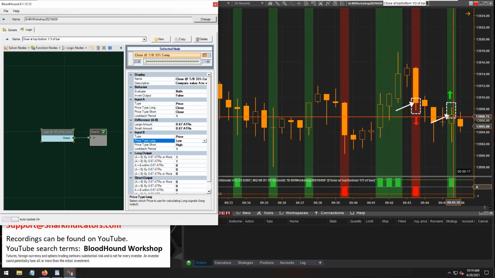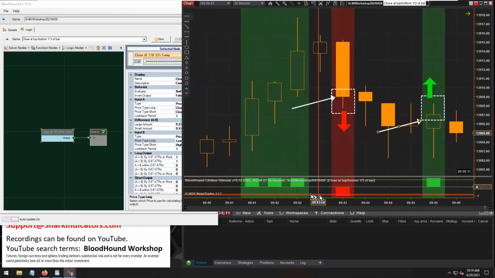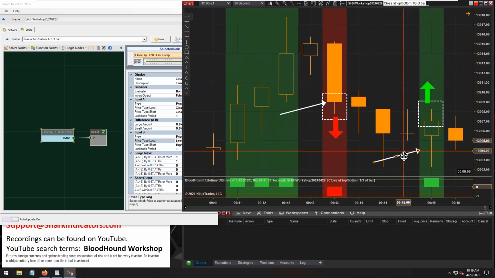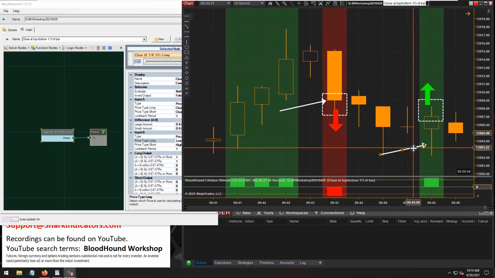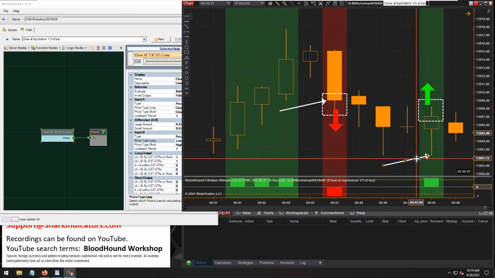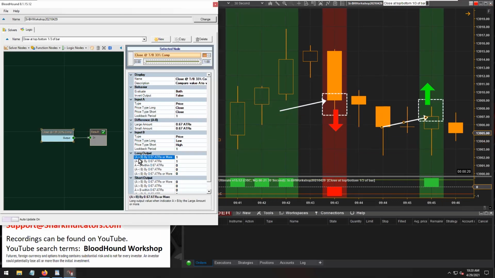So for our long signal here, let's stretch this out. We're saying, from the low of the bar, is the close of the bar 2/3 of the way up, or more? So if we read this, is A greater than B?